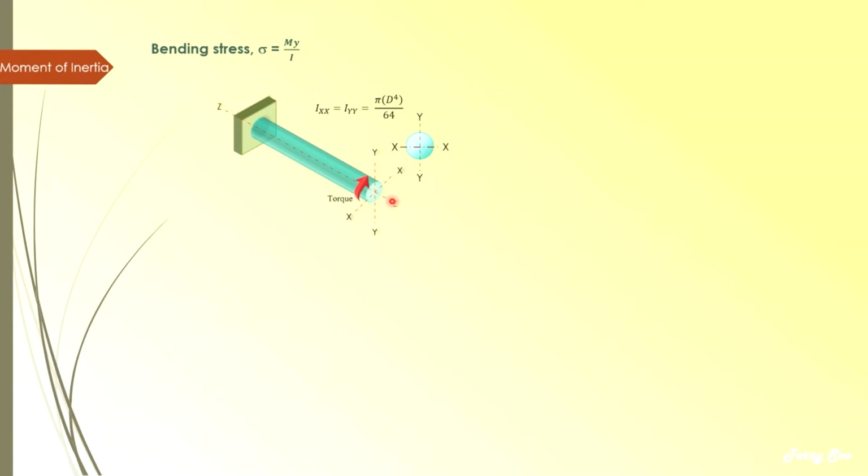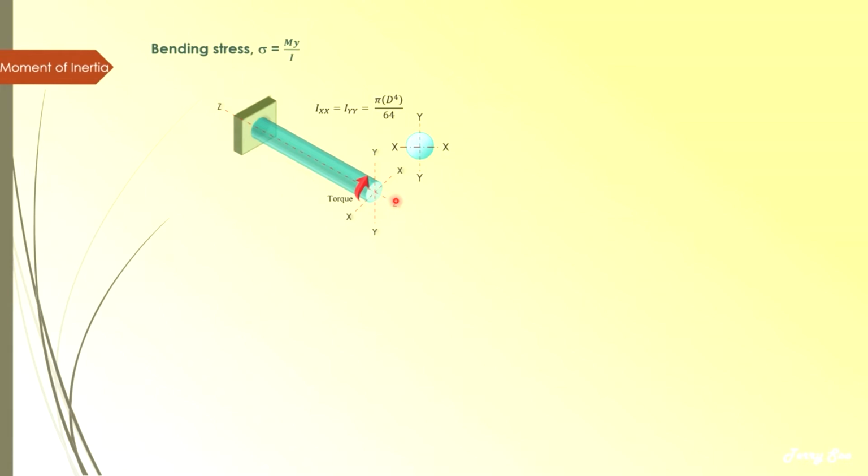But for the moment of inertia or the second moment of area for bending, we will take x or y. So we assume that the shaft or the bar here will bend about the x-axis or the y-axis, and it is not rotating about z.